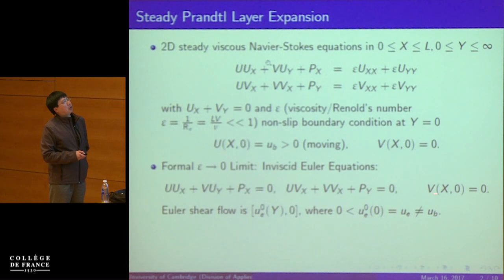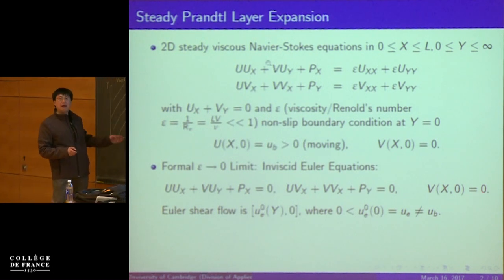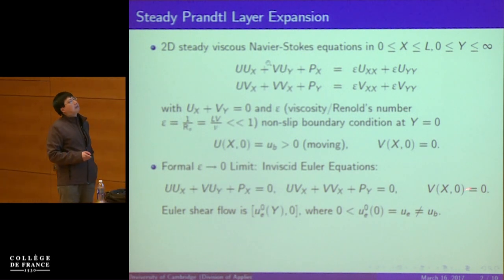Unfortunately, for the Euler equation, we cannot impose these two conditions anymore. In particular, we can only impose the normal derivative to be 0. This follows from a general physical principle. This is the so-called non-penetration boundary condition, because there's nothing going in or out of the boundary. So this indeed is required.